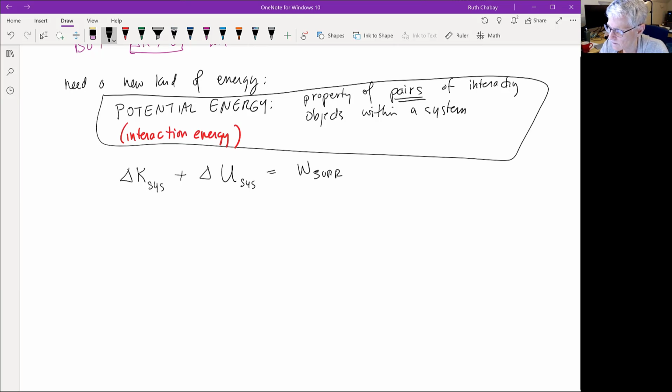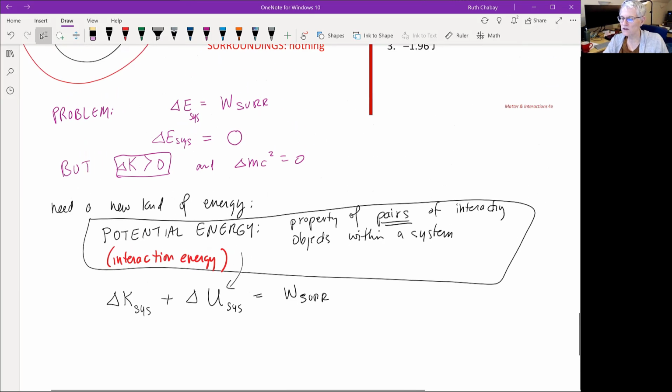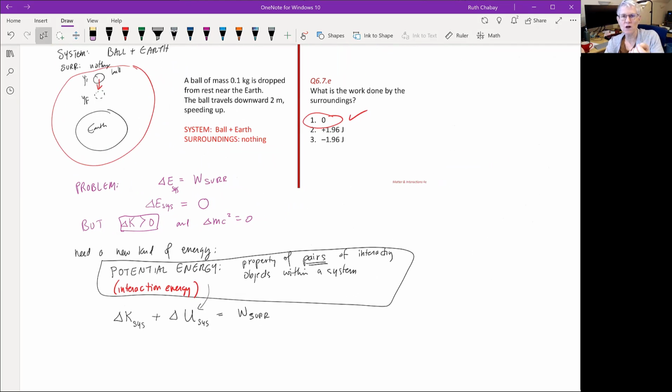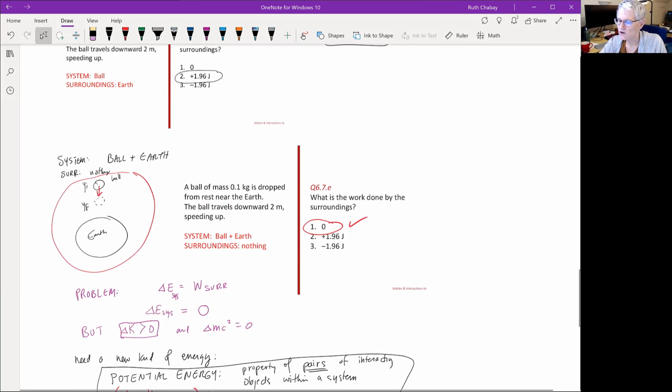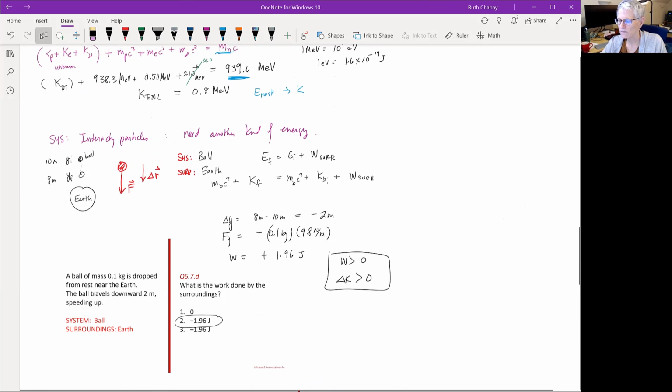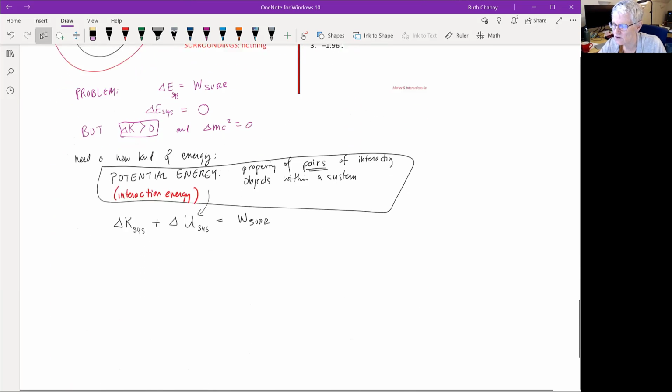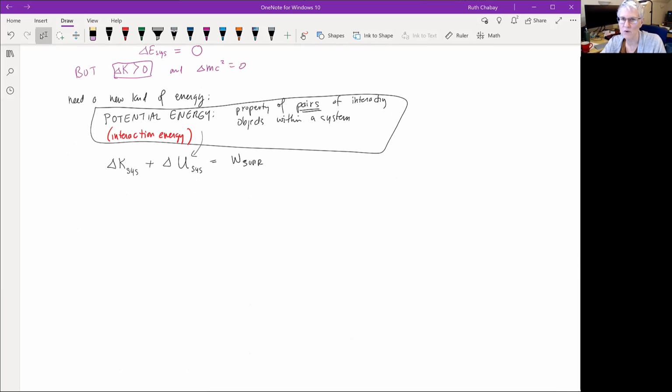And this is potential energy, symbol capital U. And we see here that if the potential energy is a property of pairs of interacting objects within a system, we have 2 objects in our system, the ball and the Earth, so their interaction, that we have a pair of interacting objects. When we had just the ball in the system, then there was only one object in the system, and so there wasn't this interaction energy. The Earth was part of the surroundings. So in a certain sense, it's a bookkeeping thing, but it turns out to be important and powerful.